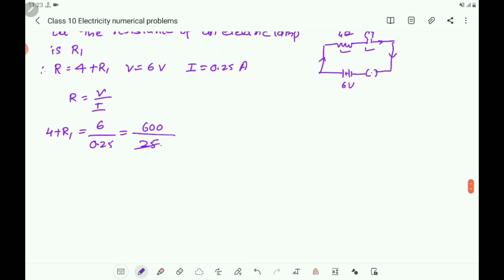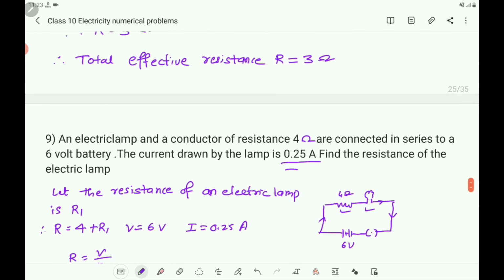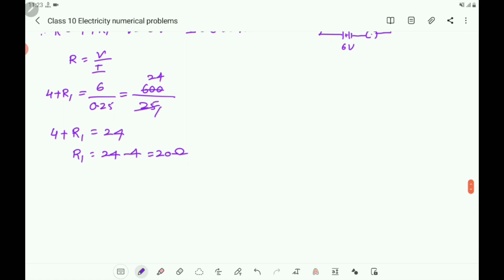So 25 fours are 100, 25 twenty-fours are 600. So you got that 4 plus R1 equals 24. So R1 equals 24 minus 4, that equals 20 ohms. So the resistance of the electric lamp is 20 ohm.